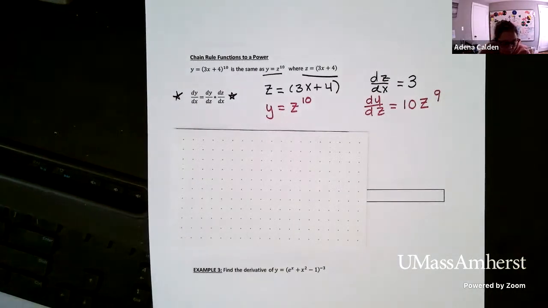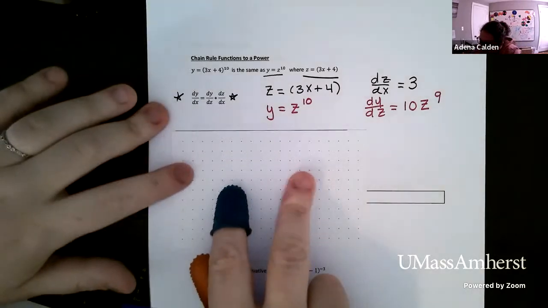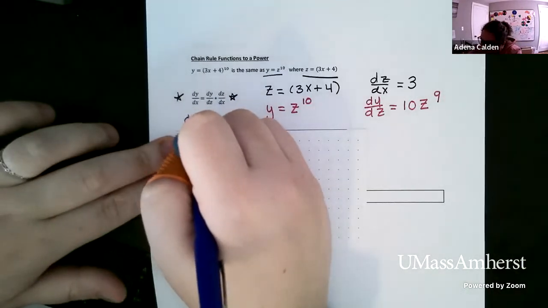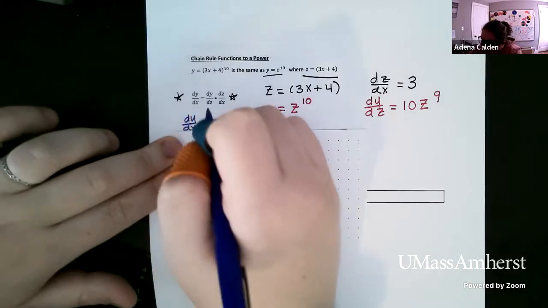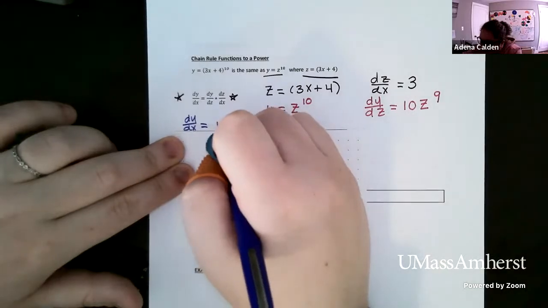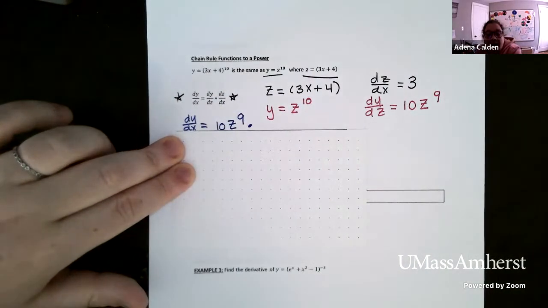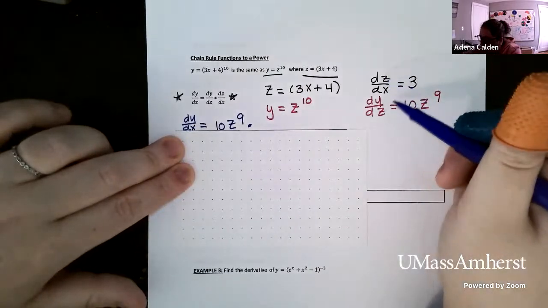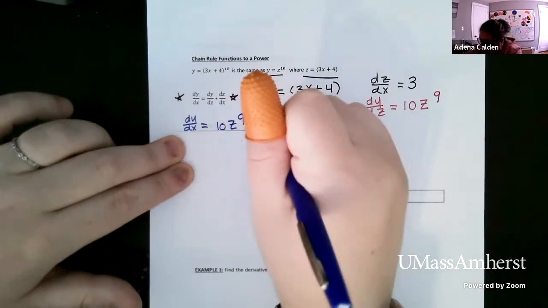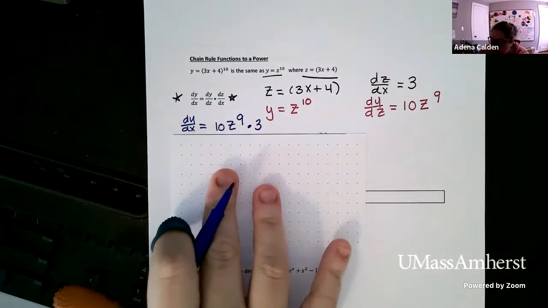We're going to start by setting this up exactly as the formula states. So dy/dx equals dy/dz, which is 10z to the 9th, times dz/dx, which is 3. Now, when we write it just like this, there's one little problem.